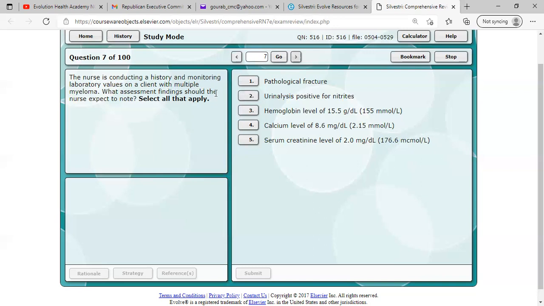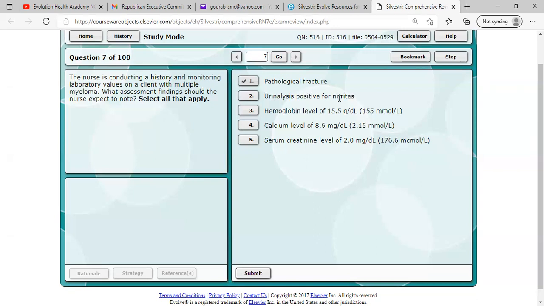So multiple myeloma, common symptom associated with it, the patient complains of bone pain, typically backbone or thorax. Pathological fracture, because the bones are involved, so there is a chance to develop pathological fracture.